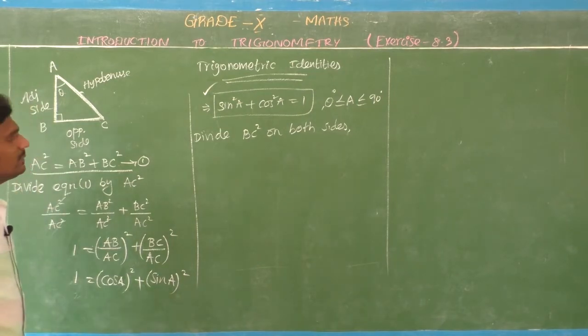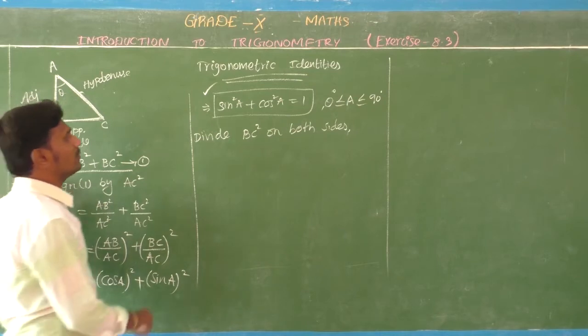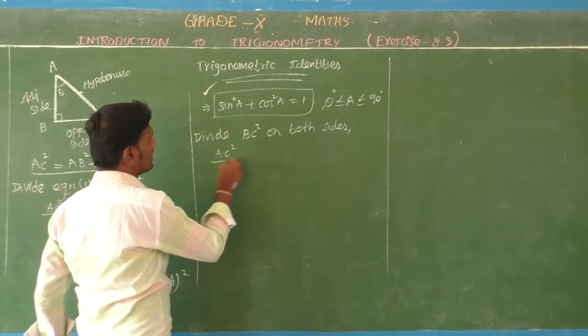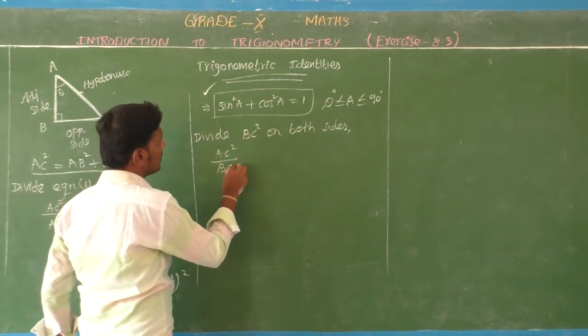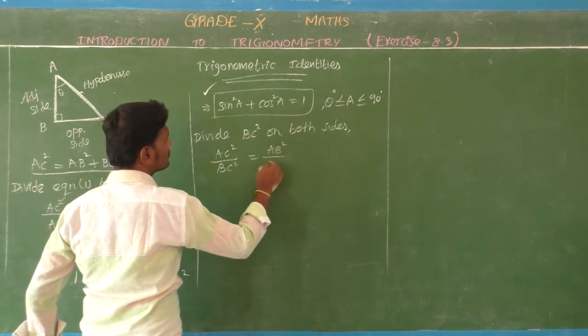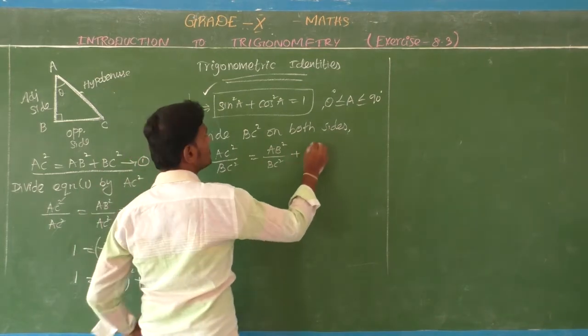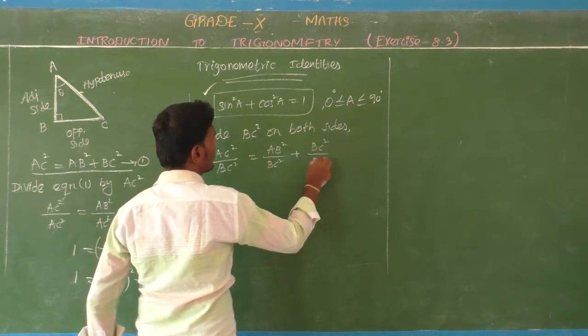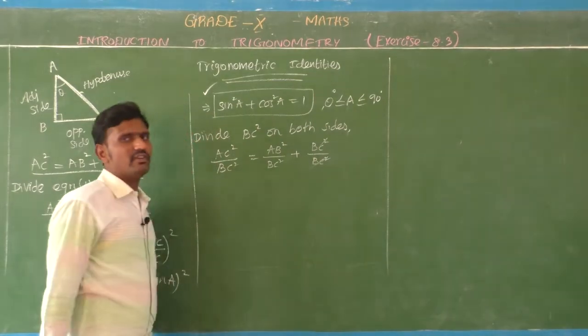AC square by BC square equals AB square by BC square plus BC square by BC square. Now BC square will be cancelled.